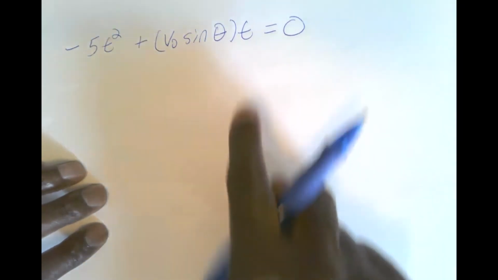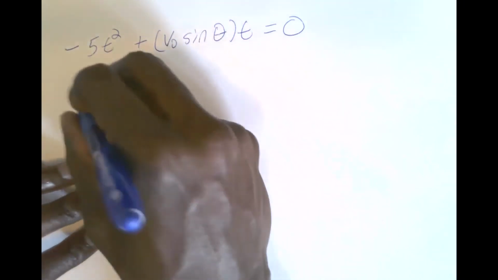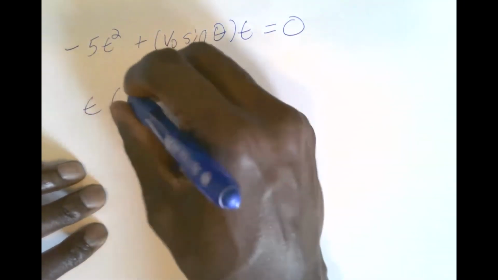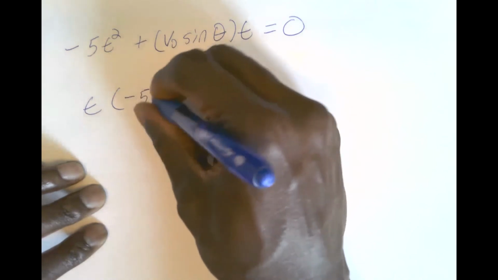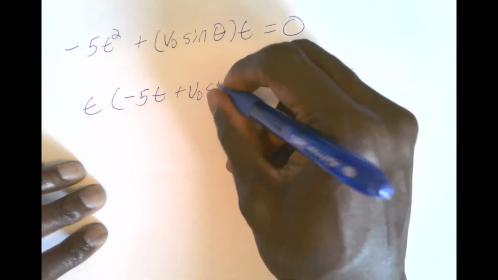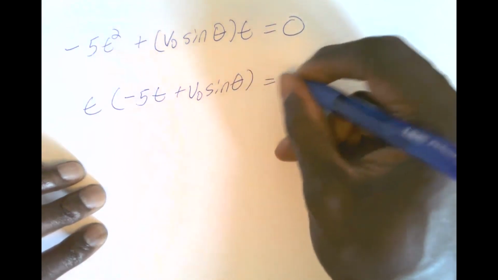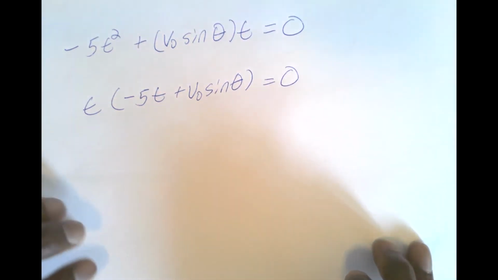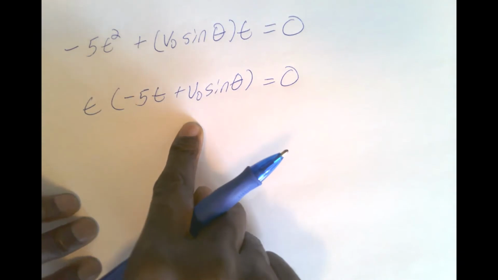Now, there's a couple of ways we can solve it. Probably the easiest way is by factoring. If I factor out a t, I'll get t times negative 5t plus v naught sine theta equals 0. And I have two factors here, and setting both of those factors equal to 0 solves the equation.